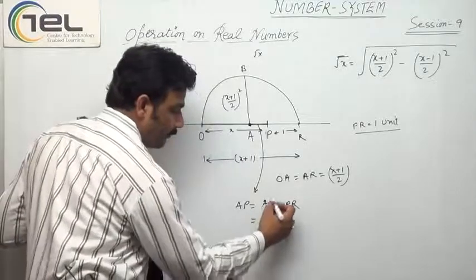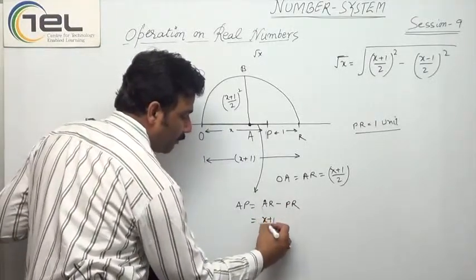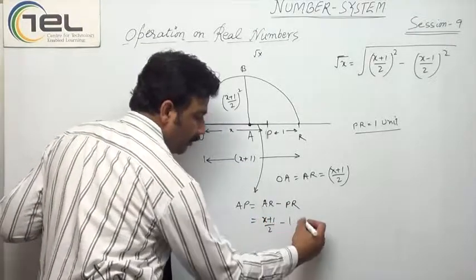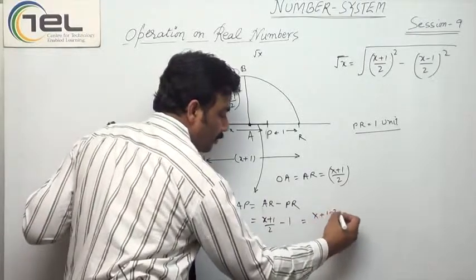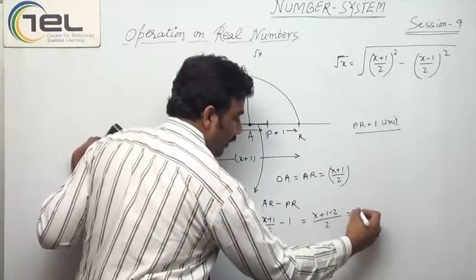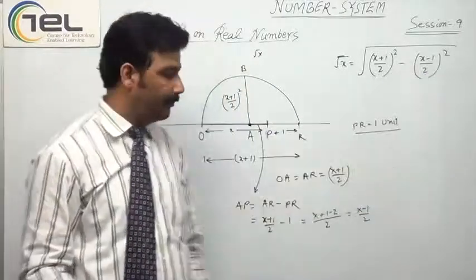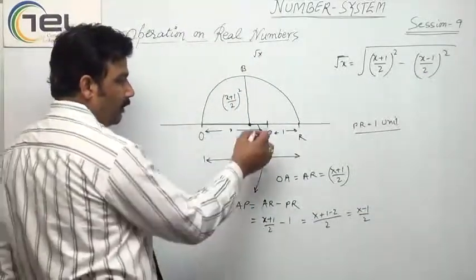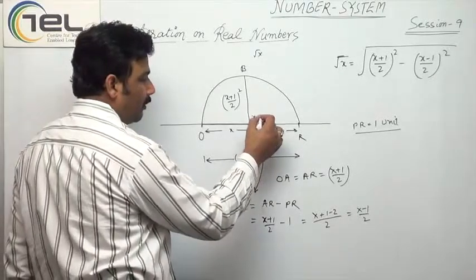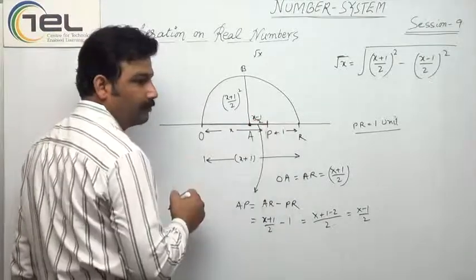And what is AR? AR is (x plus 1) by 2, and PR is 1. So it will be (x plus 1 minus 2) by 2, or it is (x minus 1) by 2. This is the other term which I need.